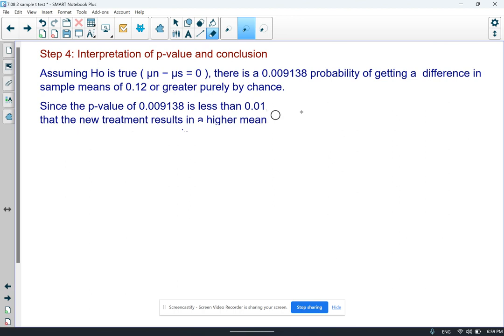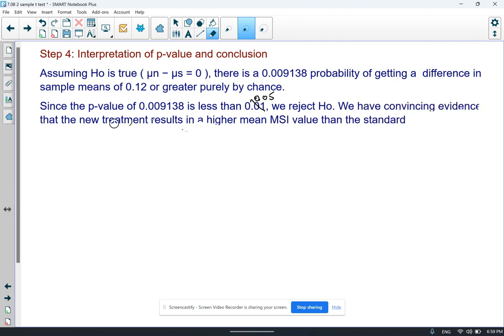Since the p-value is less than, I'm going to put this back to 0.05, though I could have used 0.01, that would have worked just as well, we reject H0, and we have convincing evidence that this new treatment results in a higher MSI value than the standard treatment among people similar to the patients in this study.